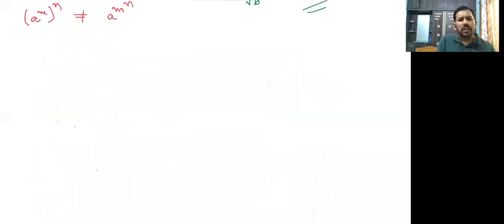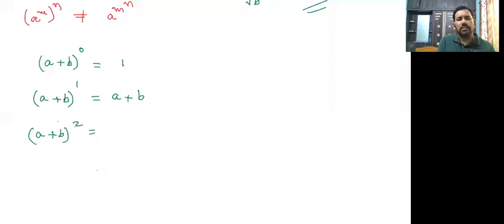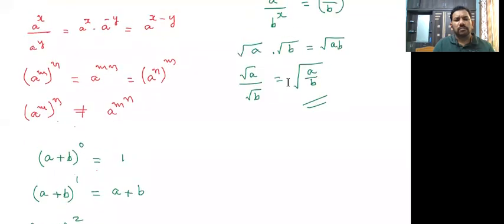Now, a plus b whole power 0. Anything power 0 should be 1. a plus b whole power 1, so what we get is a plus b. a plus b whole square, how to write that?